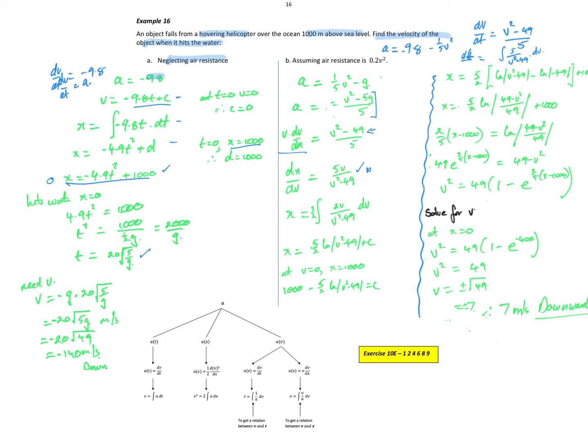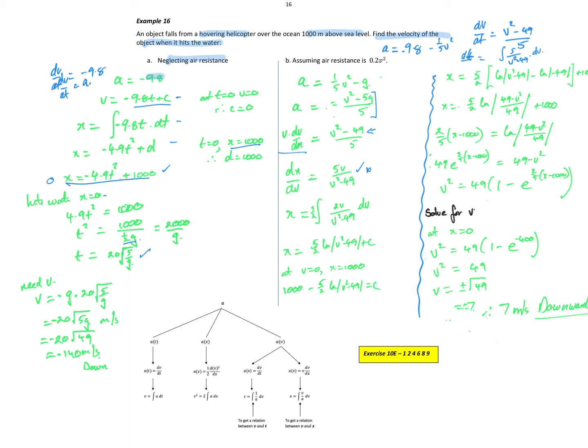Find the velocity of the object when it hits the water. So when it hits the water, at x equal to 0, if I then solve for t, I get 1,000 is equal to 4.9t squared, and I'm going to turn it into a half g here just to save mucking around with 4.9s. If I do that, I get t squared is equal to 2,000 on g.